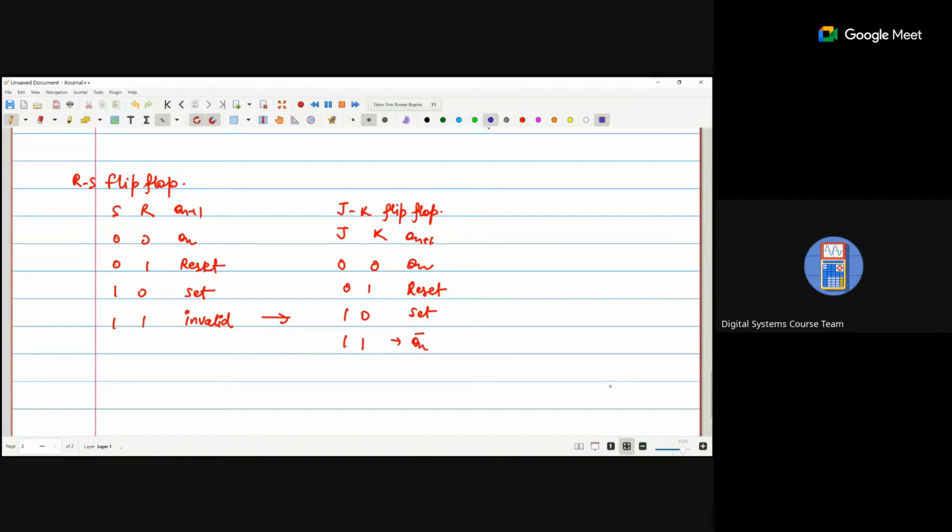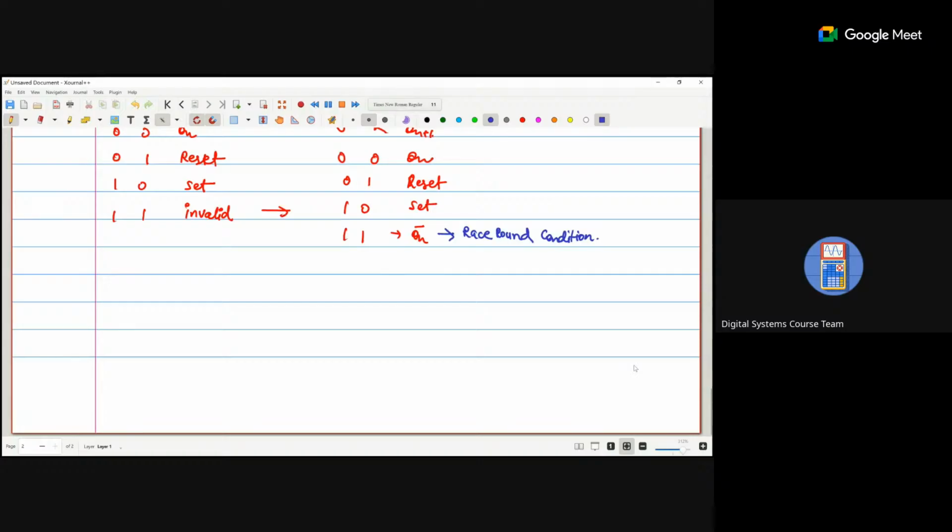But here the problem is the race round condition. In the race round condition, what is happening? I will explain it again.